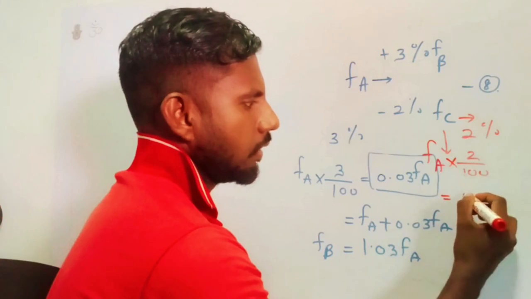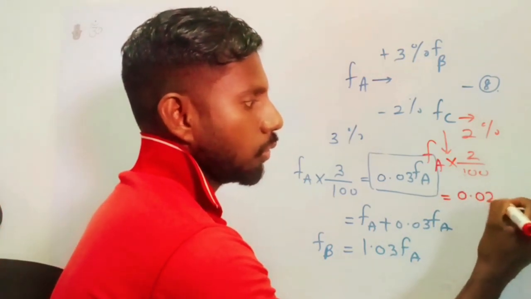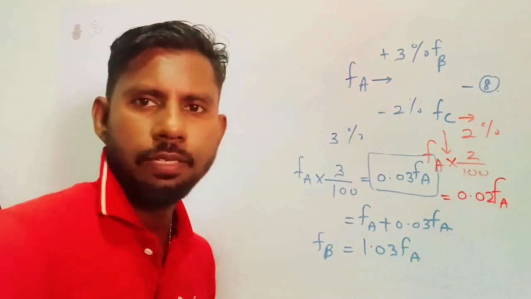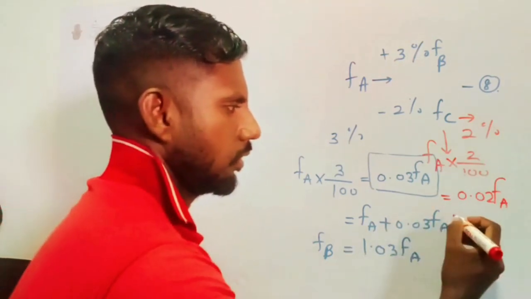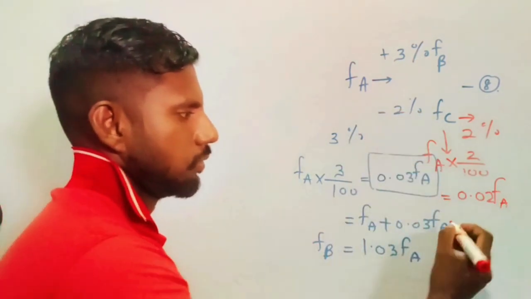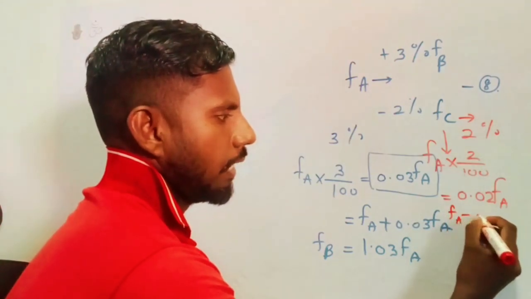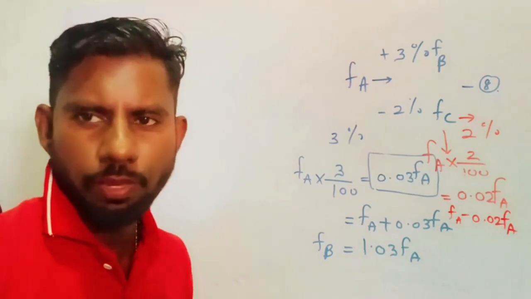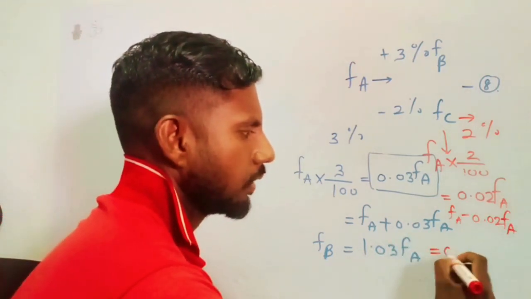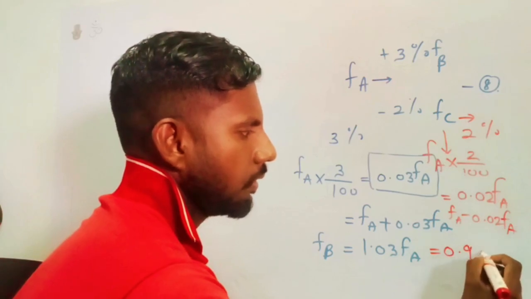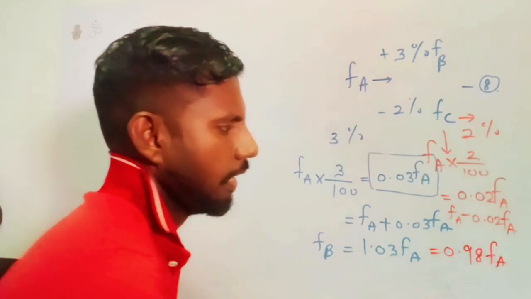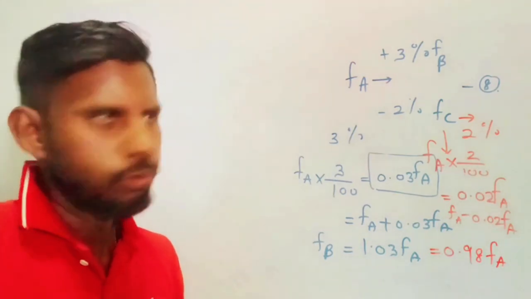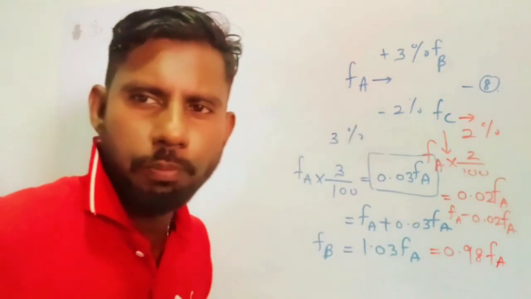So we are getting 0.02 FA. That we need to subtract. So FA minus 0.02 FA. So from that we are getting 0.98 FA.